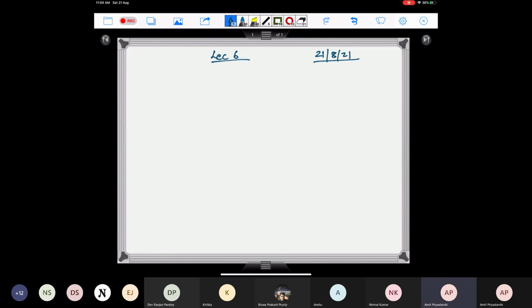Okay, so we were talking about norms on finite dimensional vector spaces. Our aim today is to first prove that any two norms on a finite dimensional vector space are equivalent.